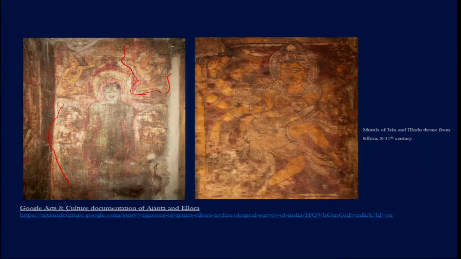We also find that they are arriving to greet the central figure in this image, a strategy similar to what we have already seen in Ajanta as well. Now these are some of the issues. We find that there are some similarities and differences between Ajanta and the murals in Ellora.